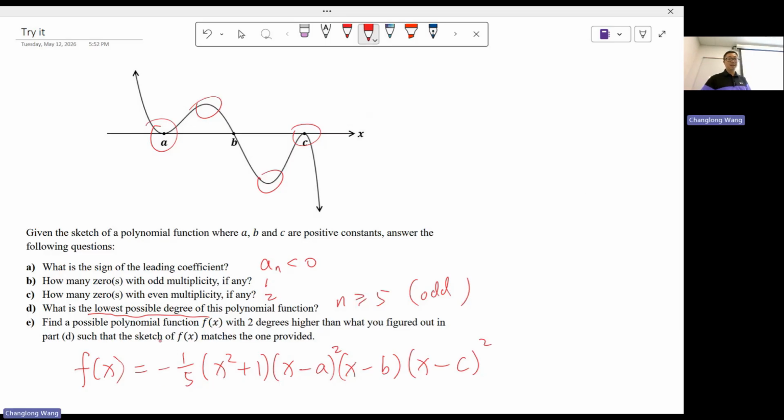No, no, there could be anything. I said a possible polynomial function. If you go ahead and plot it with a to be 1, b to be 2, c to be 3, with negative 1/2, or 1/5, whatever it is, if the graph looks like that, it's a possible function. Because I didn't give you all the details of the graph, right?